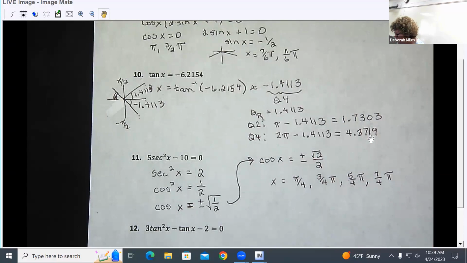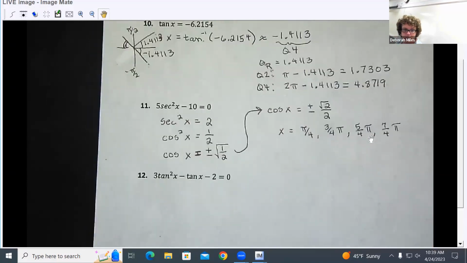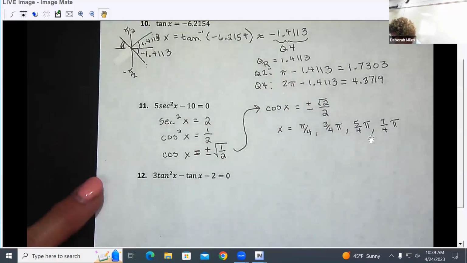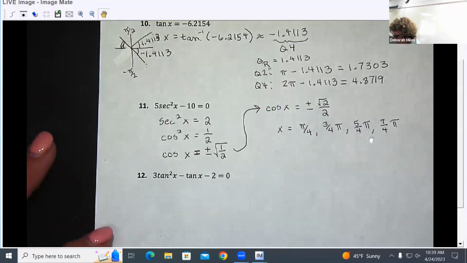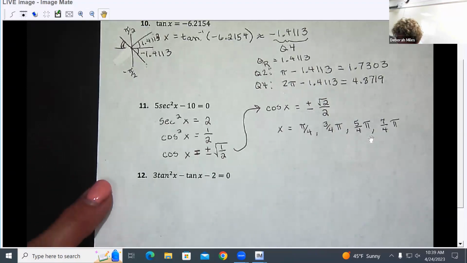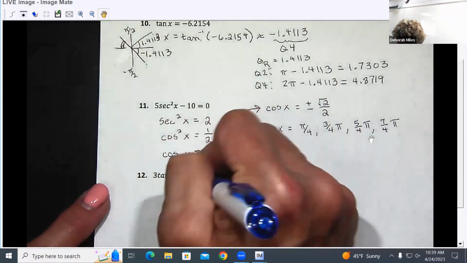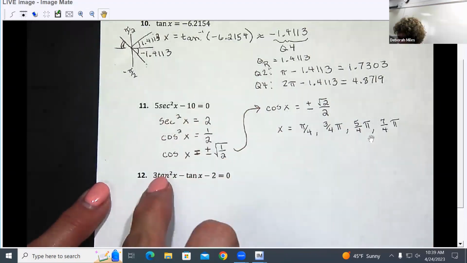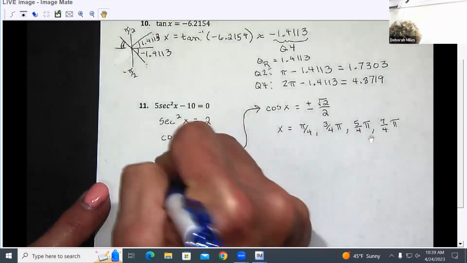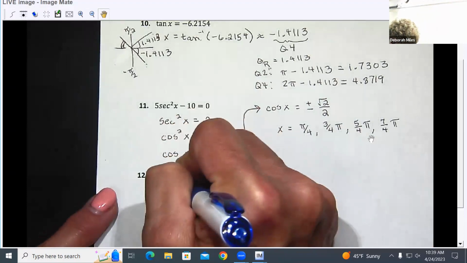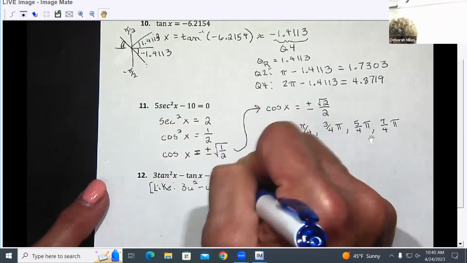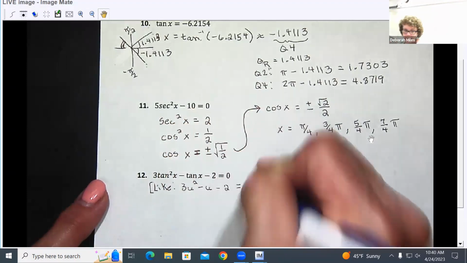Right, one more. I'm thinking number 12 also looks like a quadratic equation, and I'd like to factor it. I could think of tangent as being some ugly and tangent squared being some ugly squared. I could think of this as being like 3 ugly squared minus ugly minus 2 equals 0.